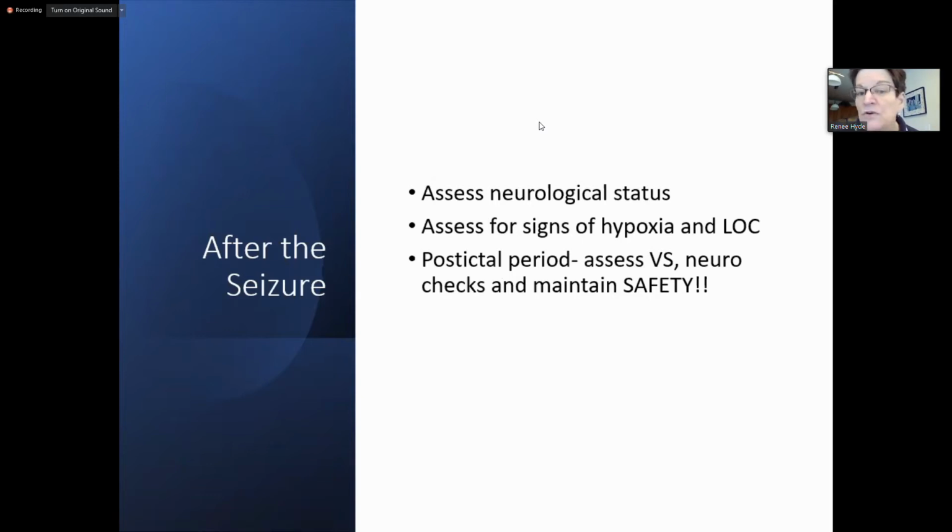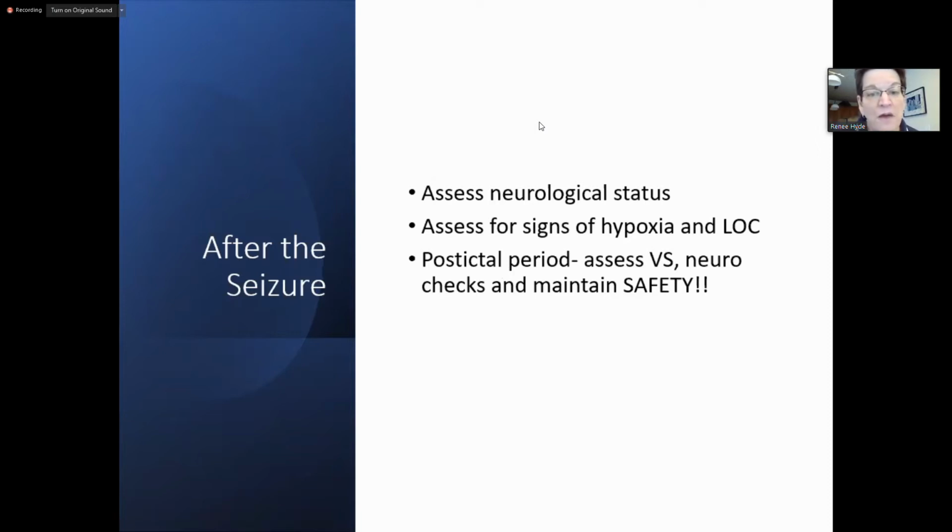I want to do a neurological assessment. And I want to maintain safety with those patients. Typically, after these seizures, we turn them in that side-lying recovery position and allow them to sleep.